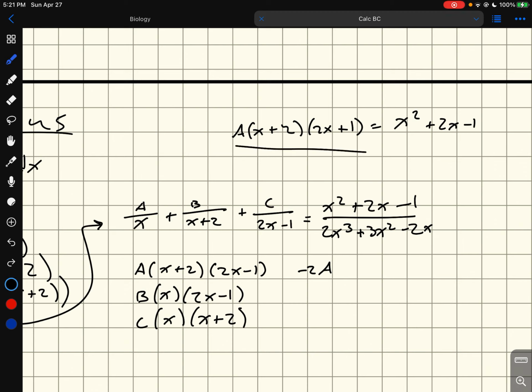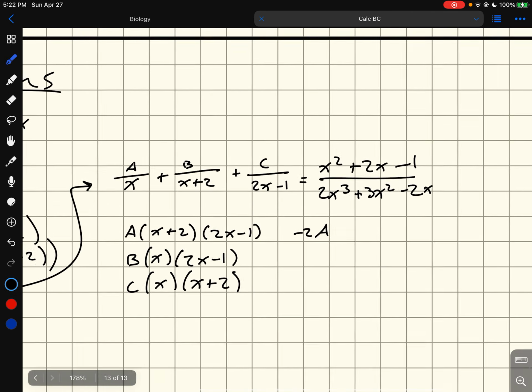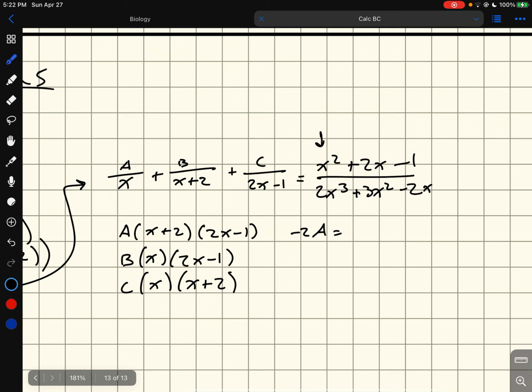So this is us figuring out what A to plug in will give us this part of the function, the numerator. So -2A. When we plug in a 0 here, we get 0. Plug in a 0 here, we get 0. And we're left with a -1. So -2A equals -1. A equals 1/2, just moving the 2 over there.